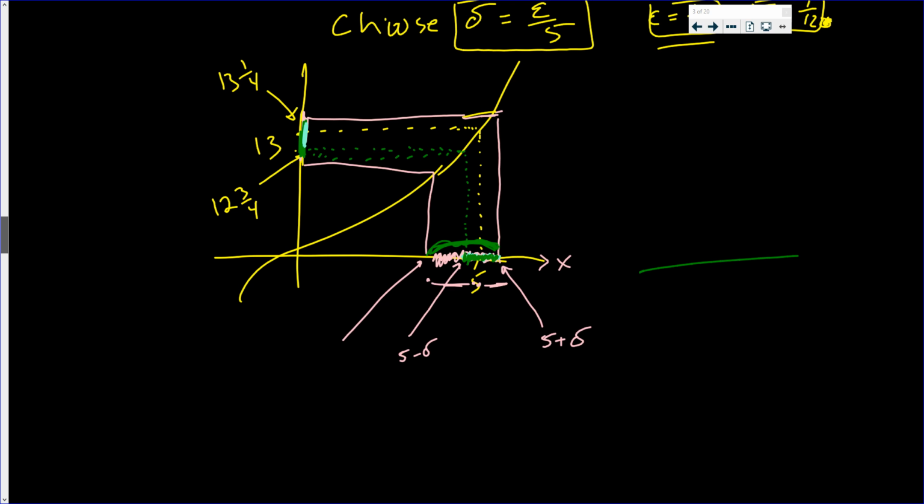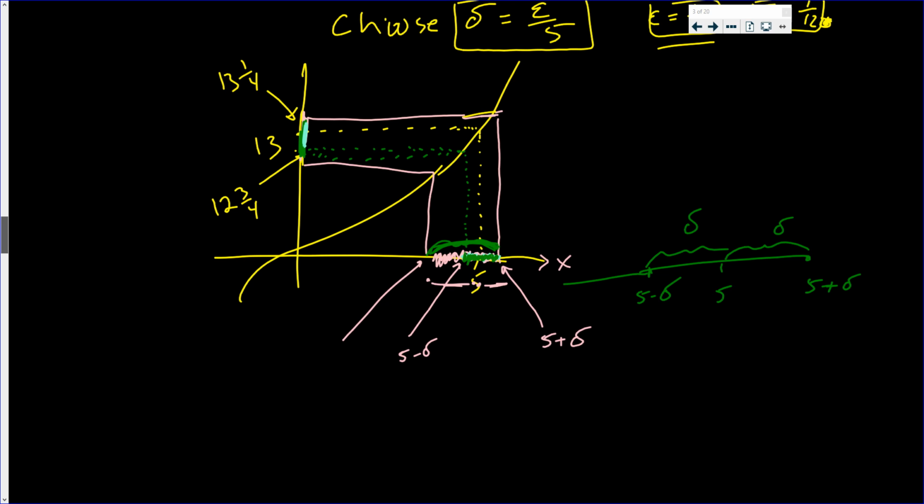In other words, if you have to be in here, and the left piece is much bigger than the right piece, well then, we will call this delta, and that will be 5 plus delta. And to the left, I'll only go up to here, because this distance is also delta.